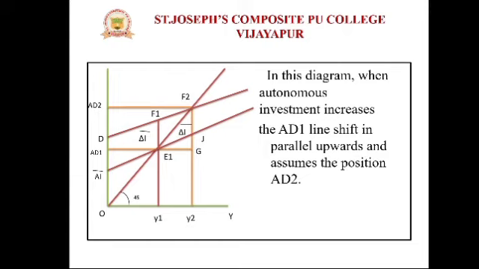Why does this happen? Aggregate demand changes because of the increase in autonomous investment, so the AD1 line shifts upward in parallel and assumes the position AD2.